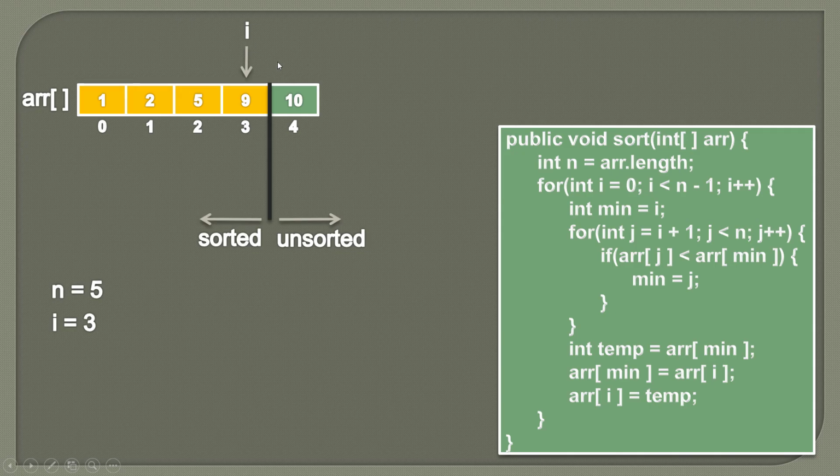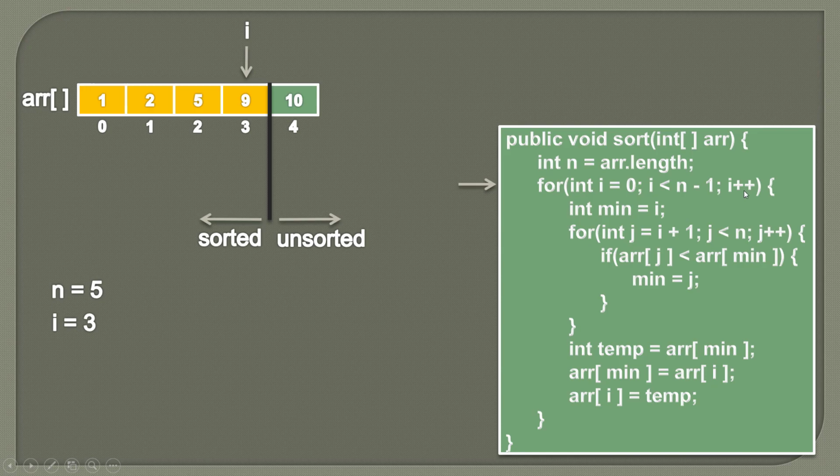So friends, here you can see that at the end there were only 2 elements, and as we sorted the second last element, the unsorted part was left with one element. So this algorithm should not be applied to this element because this is already sorted, because this is at its correct position only now. So therefore we provided this condition that i should go to less than n minus 1.